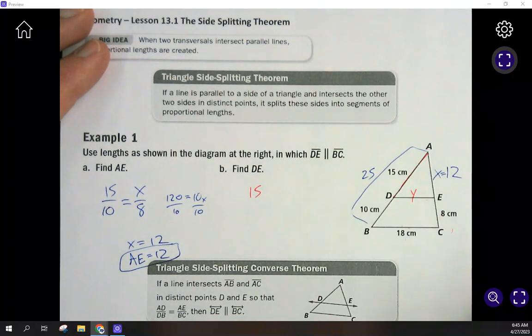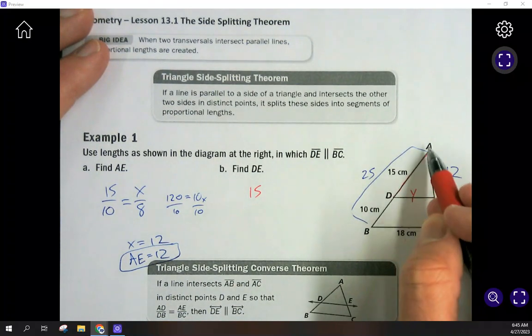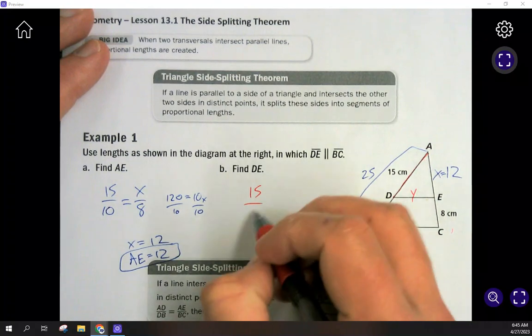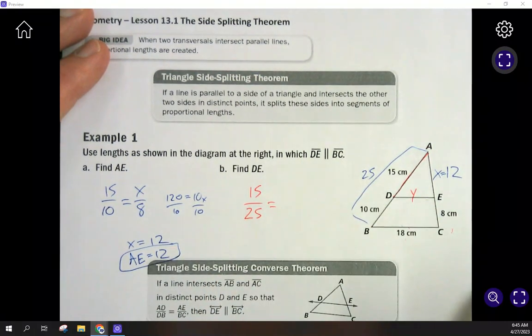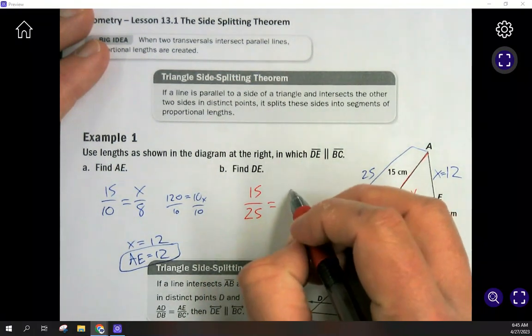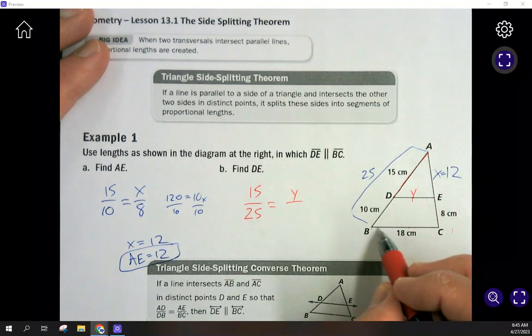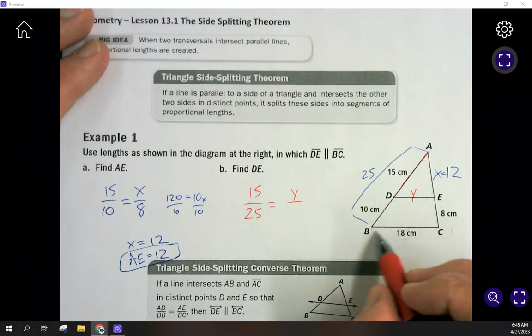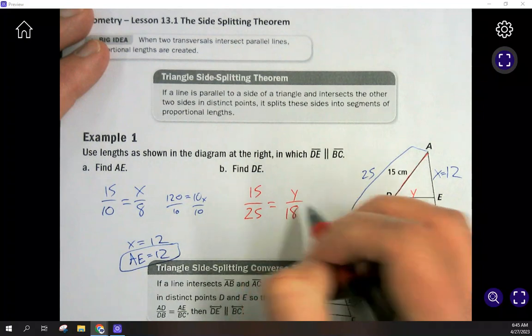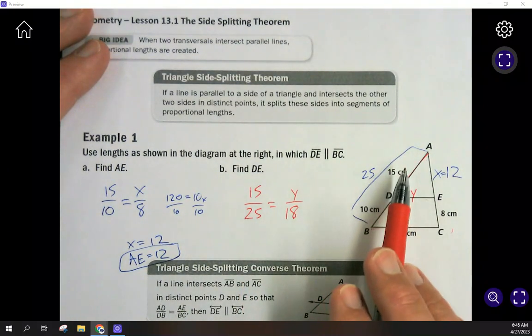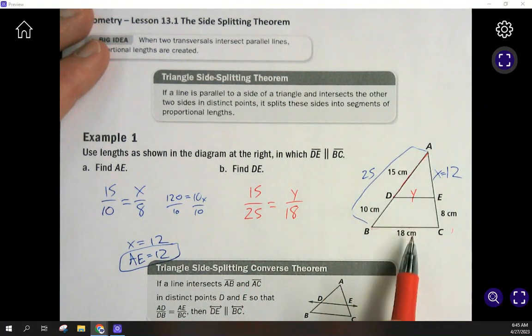So when I go to set up this relationship, side of the triangle compared to side of the triangle, 15 compares to 25. The same way this side of the triangle, which we'll call y, compares to the same corresponding side in the other triangle, which is 18. So be careful. I can't just grab 15 and 10 and then say y over 18.